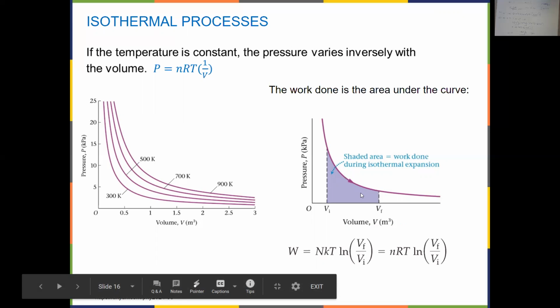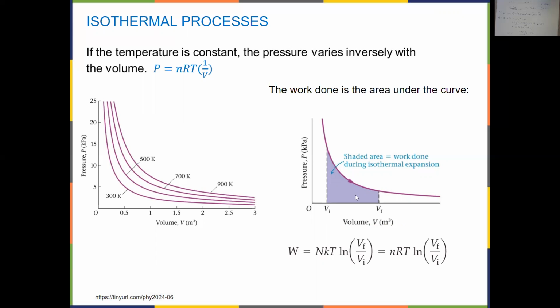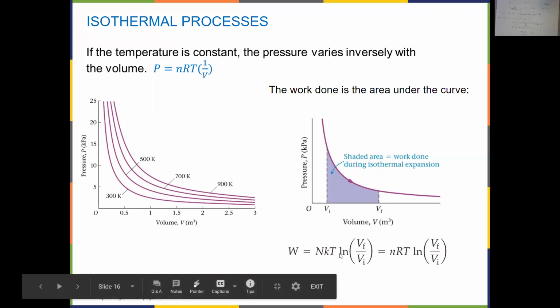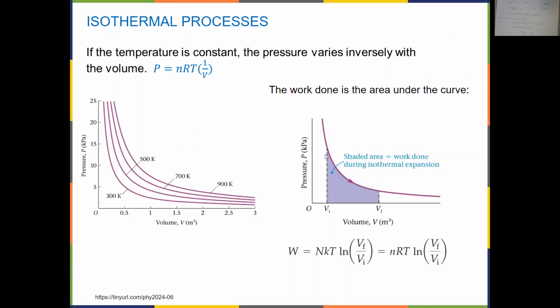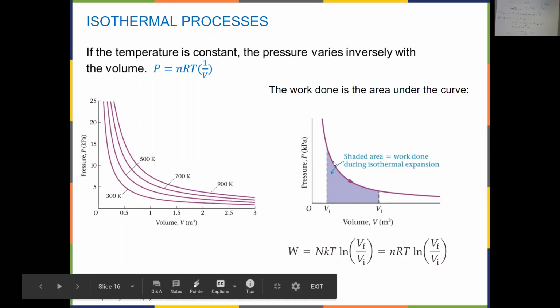Now, mathematically, you can prove that the work done under this curve is equal to NkT ln of V final over V initial. This is most easily done with the knowledge of calculus. Basically, if you integrate from the initial position to the final position, it will give you the area underneath that curve.